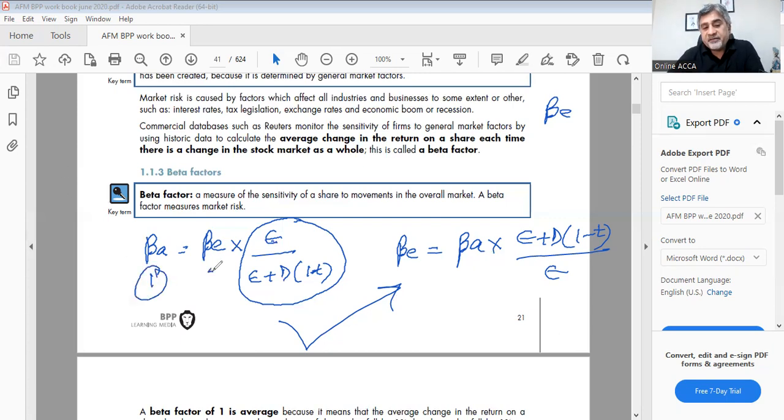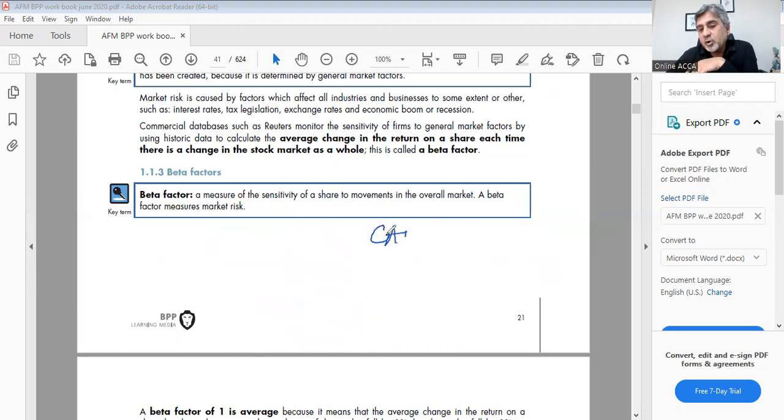Equity beta will have both risks. Where do I use them? Remember your CAPM formula for cost of equity? You said that cost of equity was equal to RF plus beta into RM minus RF.